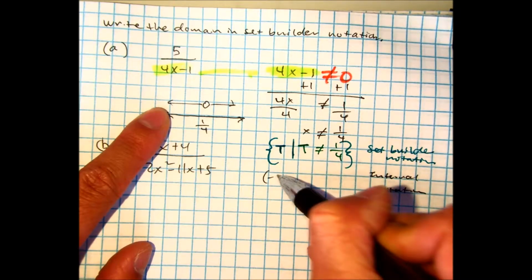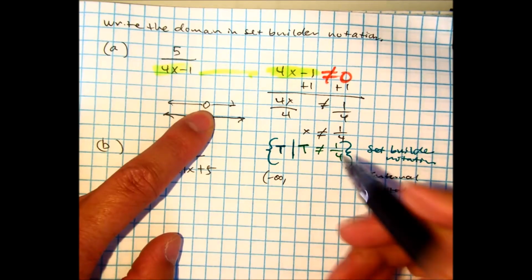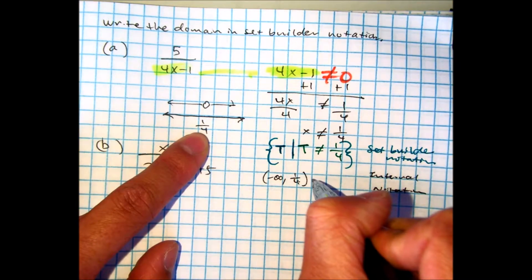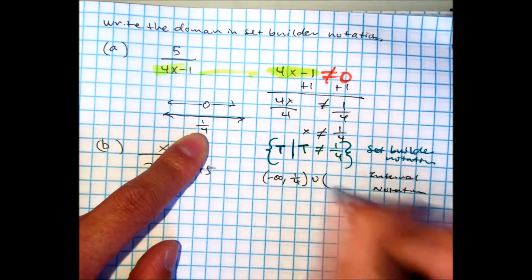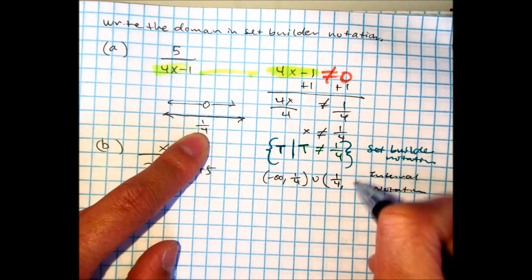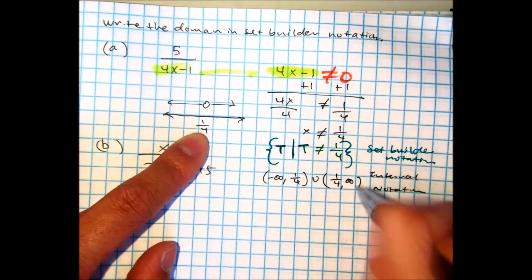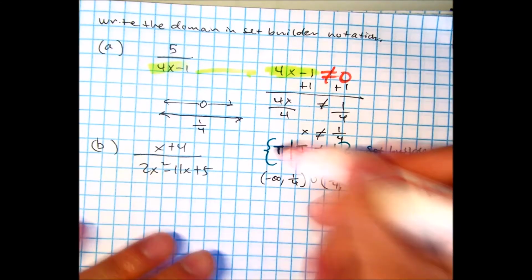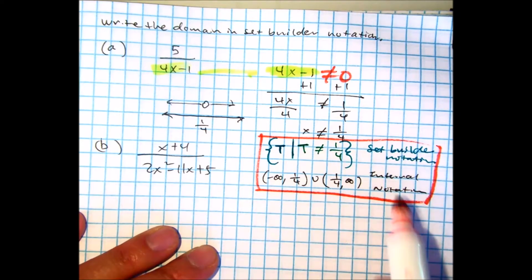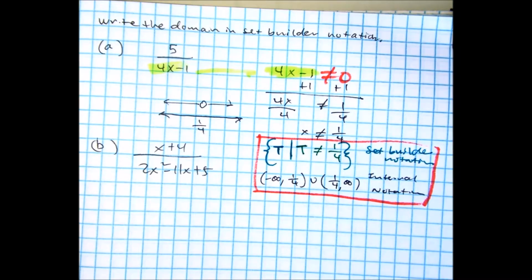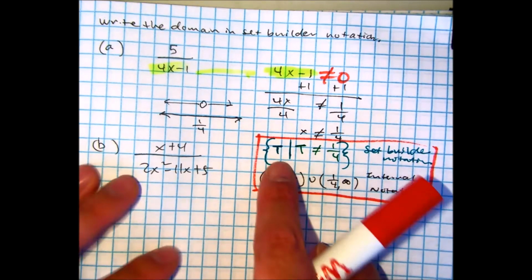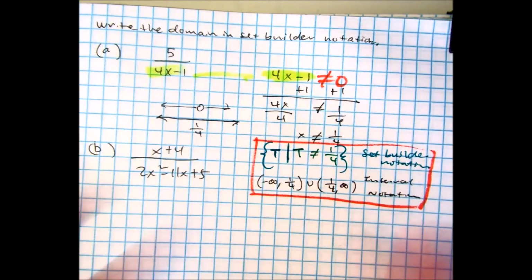Negative infinity to 1/4. Don't pick 1/4, that's why it's a parenthesis. Union with what? 1/4 to positive infinity. So if I ask you to put it in interval notation, your answer would look like that. Or if I ask you for set builder notation, it's basically your inequality, and then you just put the bar and then the symbols. Okay?